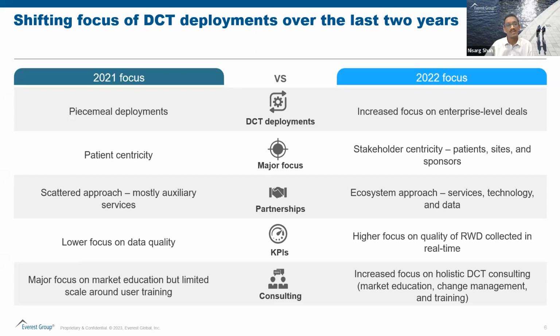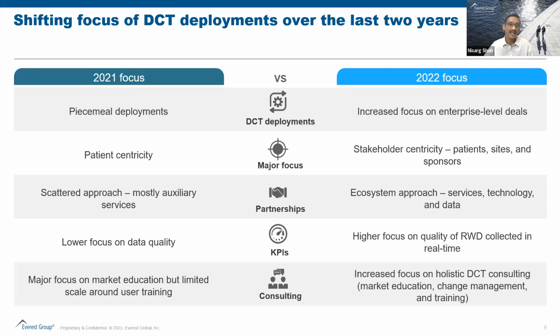If you look at the focus, 2021's focus was purely in terms of restarting post-pandemic clinical trials, offering some respite to patients who could not visit a site. So a lot of the focus was around patient centricity. But coming into 2022, we observed that sites and sponsors also became critical stakeholders for the success of a trial.